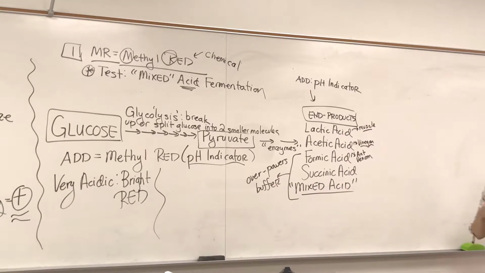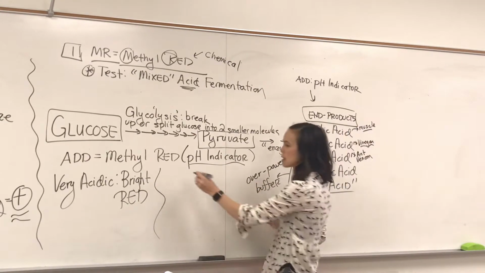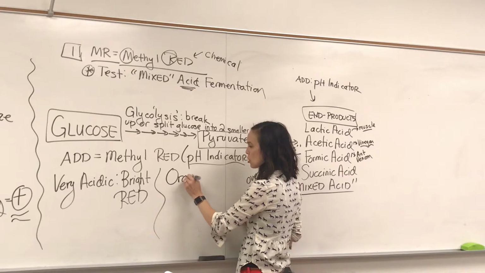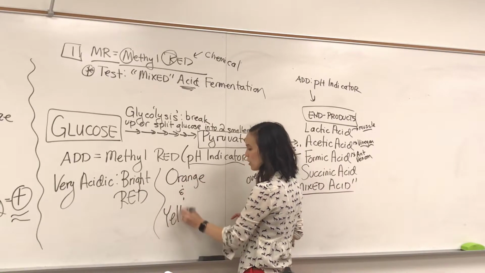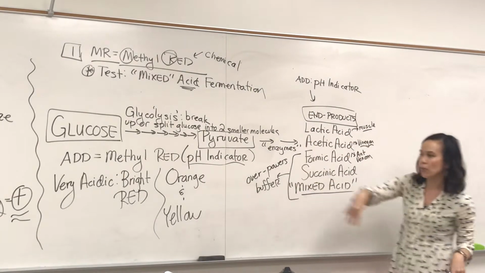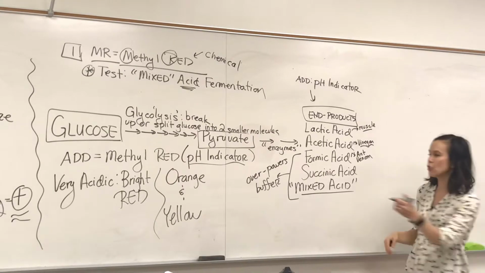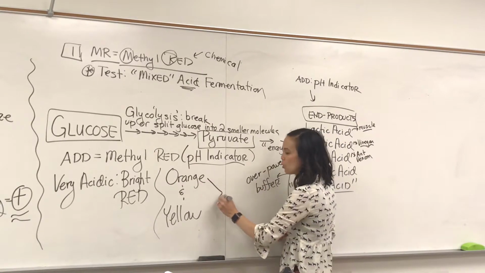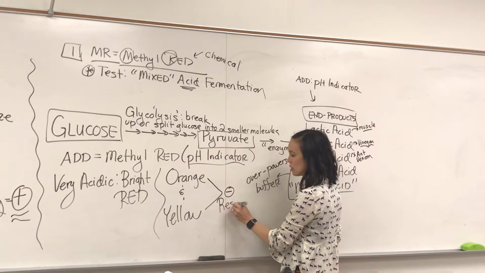To clarify, because I do think it's a little confusing, your lab manual mentions something about orange and also yellow. If you add the methyl red and you get an orangey or yellow color, they describe it in a confusing way, but we're basically going to think of that as a negative result.